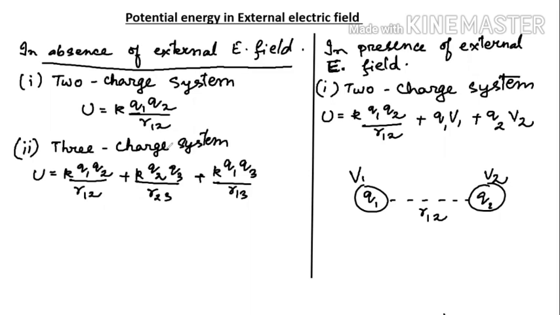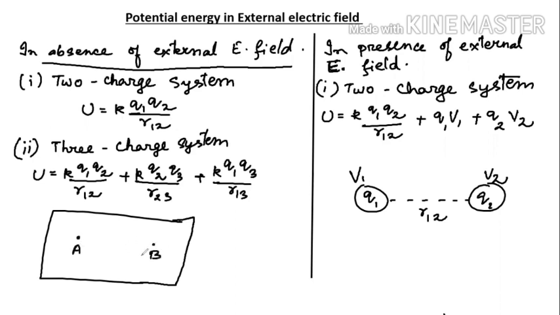All right, but here you didn't have such a case. Why? Because let's say you are having a region and here there is no field. If I consider 2 points here, A and B, there is no potential because you are not having any field there. So initially the potential value was 0 for A, and the potential value for B was also 0.